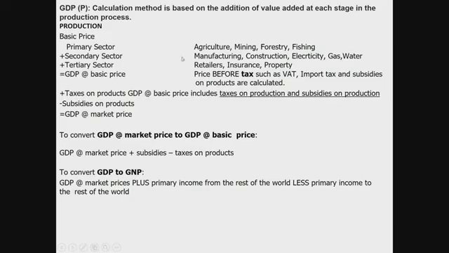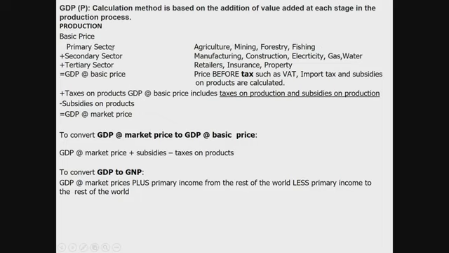Then we're moving on. We're looking at the first method, which is our production method, denoted by GDP and a letter P in brackets. So this calculation method is based on addition of value added at each stage in the production process, right? Remember, we said this deals with the basic price, which is your cost of production. So here you're looking at your primary sector, which is made up of your agriculture, mining, forestry, and fishing industries. They all form part of your primary sector.